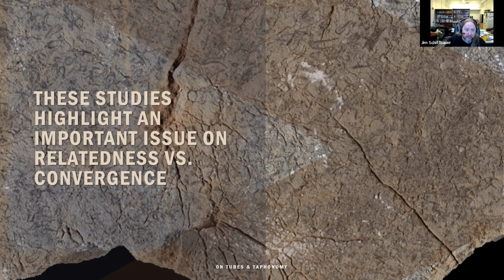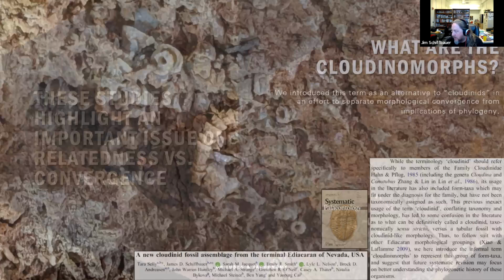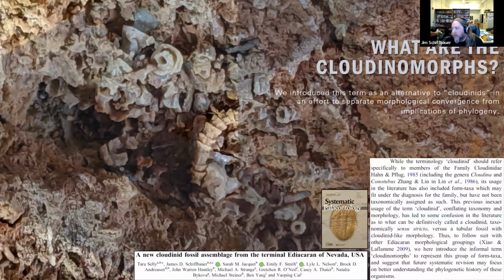If we do just a quick survey of the literature, we can find that tube forms are rather convergent across a number of different phyla, and I'll show you examples of that momentarily. But this led us to introduce a term which is ultimately a semantic issue, of course, the cloudinomorphs.